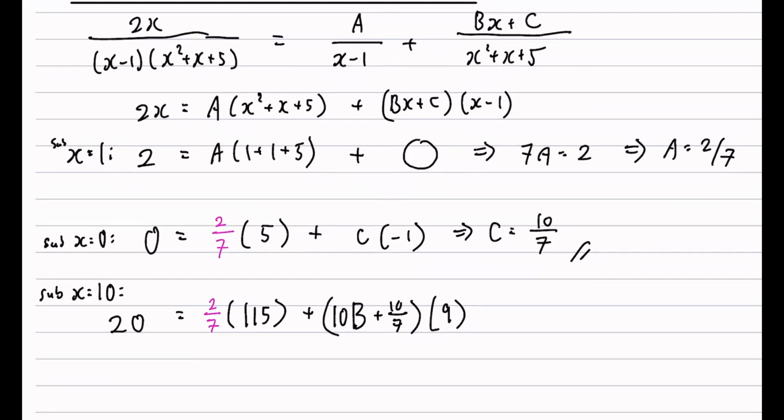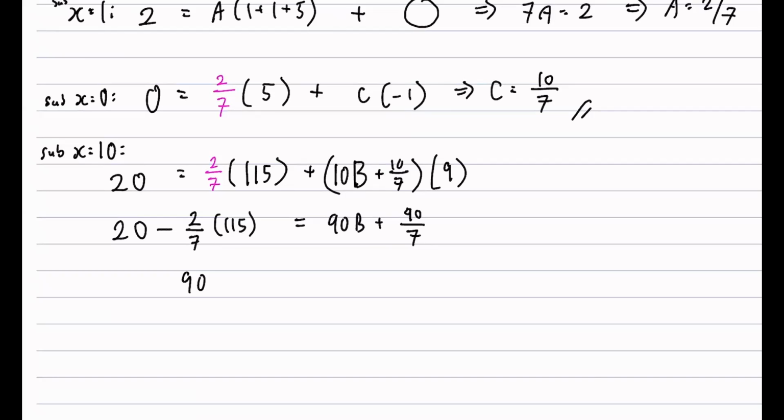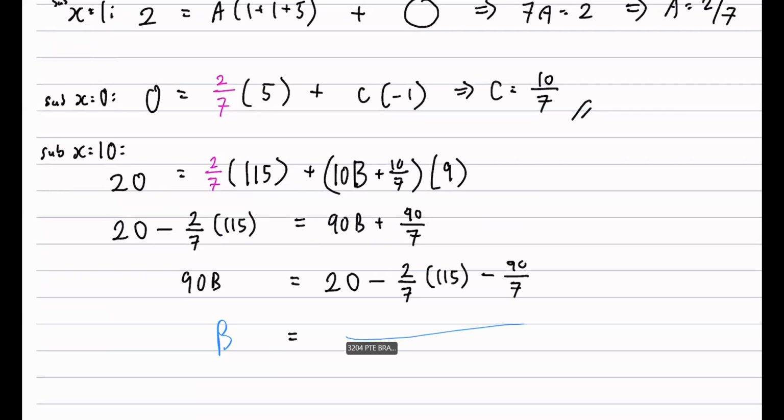Okay, so now we try to solve for b. 20 minus 2 over 7 times 115 equals 9 times 10, 90b, plus 9 times 10, 90 over 7. Then you can make 90b the subject, so you get this guy, but you subtract 90 over 7. Then just type in the calculator: 20 minus 2 over 7 times 115 minus 90 over 7.